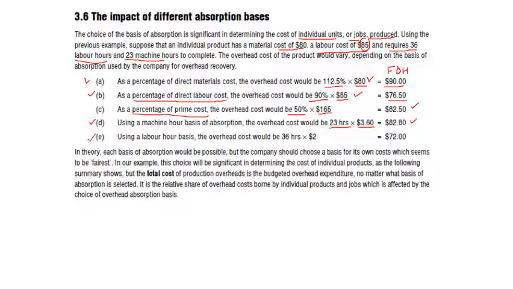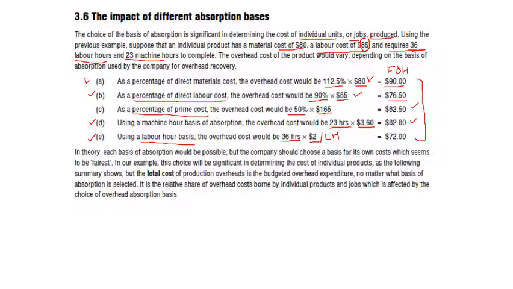And finally, if we take the labor hour basis, 36 hours of labor were required to complete a product. So 36 hours multiplied by 2, which is the rate per labor hour, we get $72. So these are all the FH that we calculated using different bases.